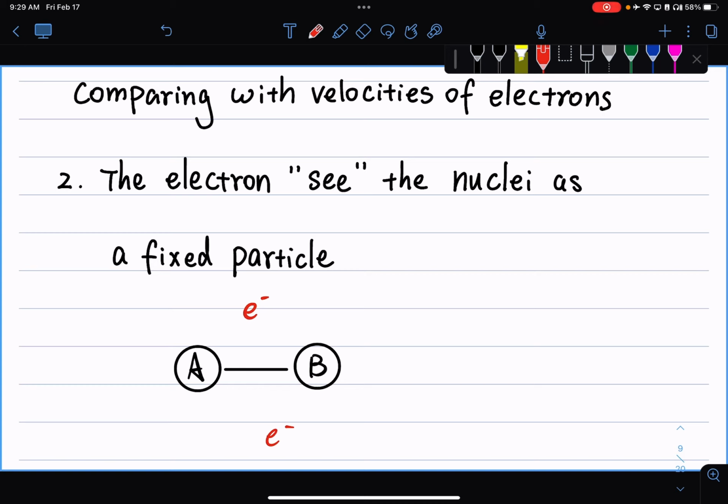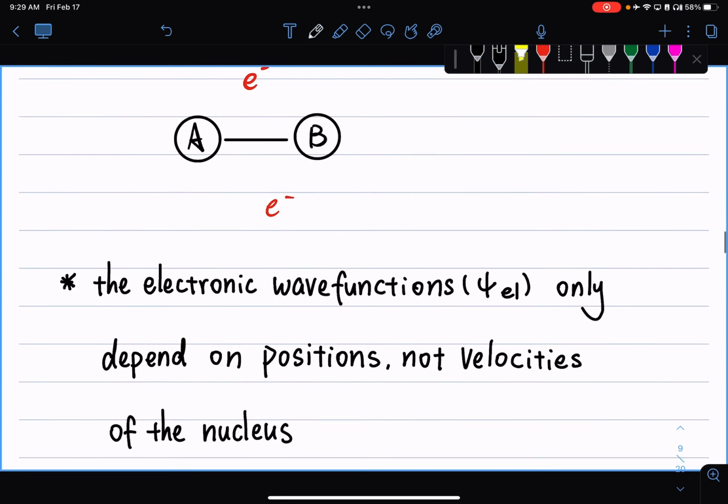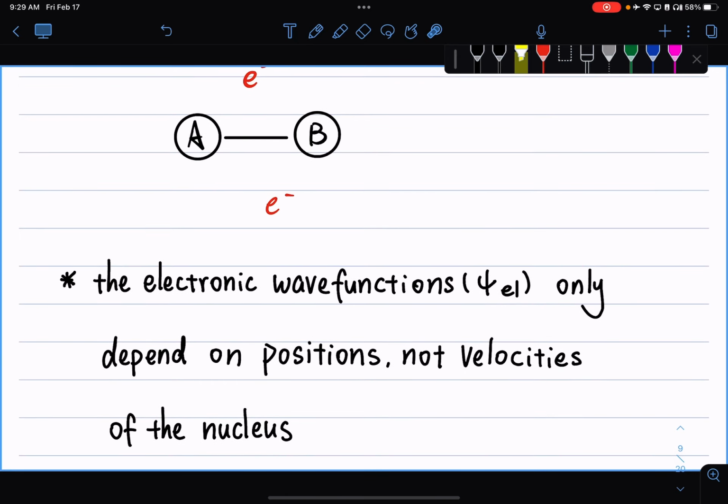Or the other way to put it is that the electronic wave function, or phi EL, will only depend on the position, not the velocities of the nuclei. All right, so if we're just looking at the electronic wave function, it does not depend on the velocity of the nuclei.